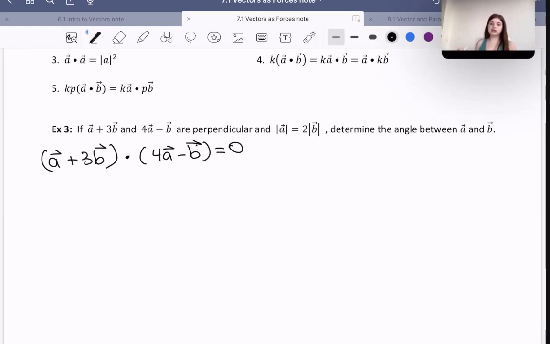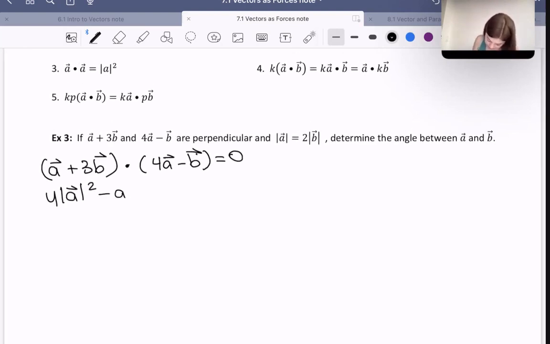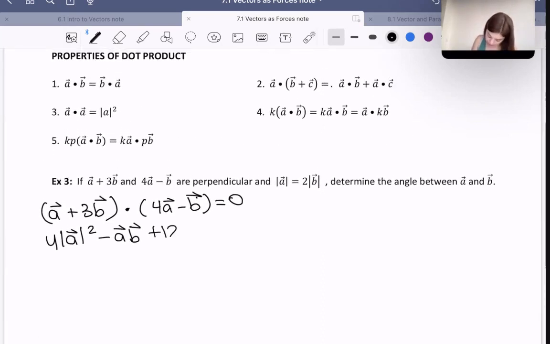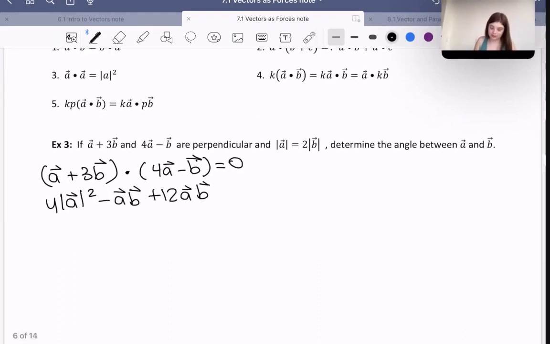Well, first thing I'm going to do is expand my brackets, right? So we get 4a squared, and then outer is going to be minus ab. Then we're going to have 12ab. Looks like we have some like terms already forming.